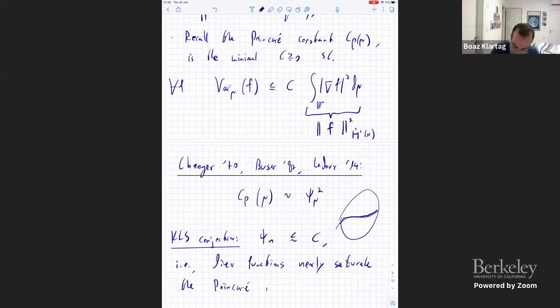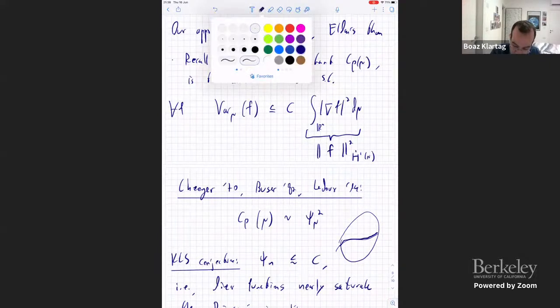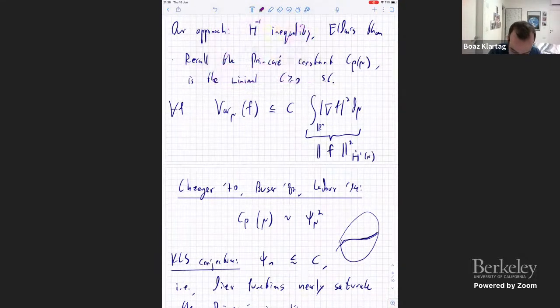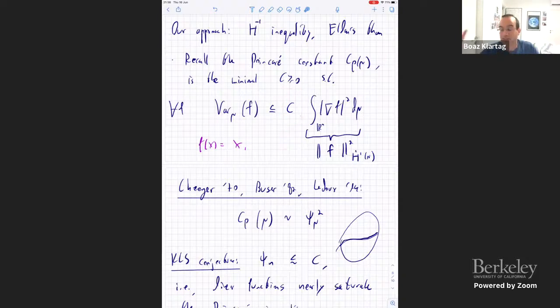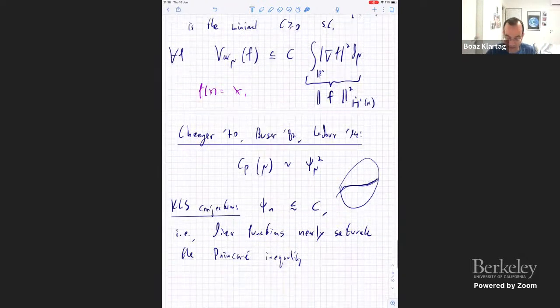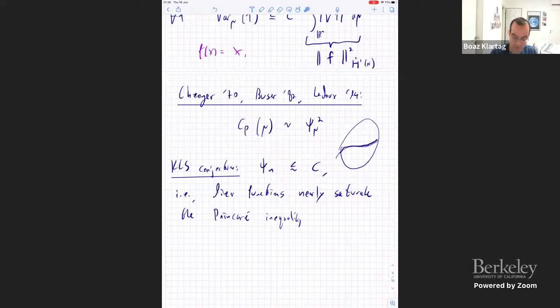Because if your function is x1, a linear function, then its gradient is just one, and since it's isotropic, its variance is also one, so these two things are one. And the conjecture is that this is roughly the extremal case. Okay, so that's the Kannan-Lovasz-Simonovits conjecture.